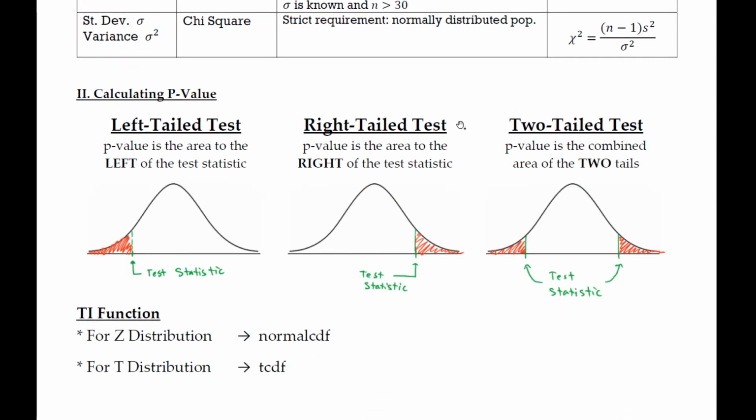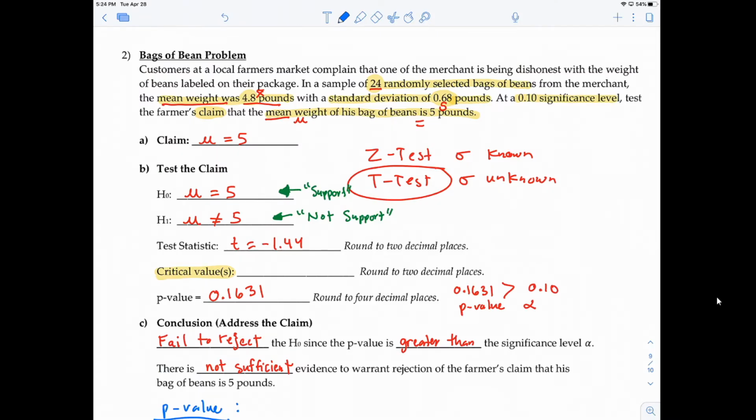So for a two-tailed test, the p-value is the combined area of the two tails. Depending on where the test statistic is, you're going to find the area either to the right or to the left. Then once you find that area, you're going to double it, because the area is a combined area of two tails of equal value. What do I mean by that? Let me draw you a picture.